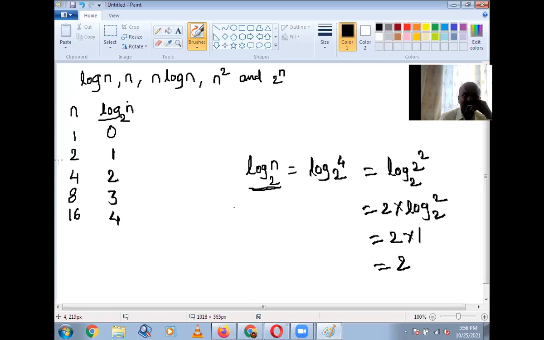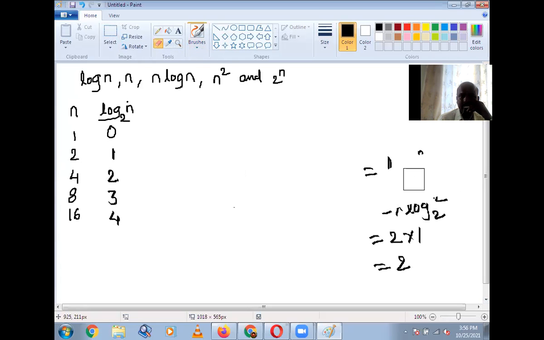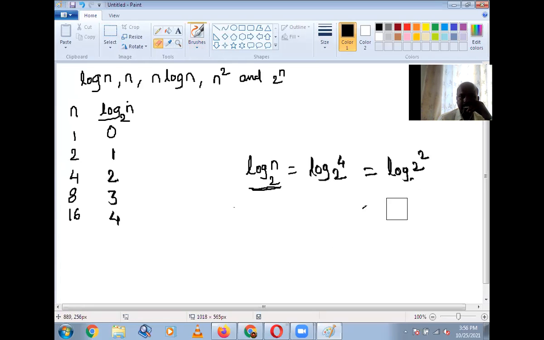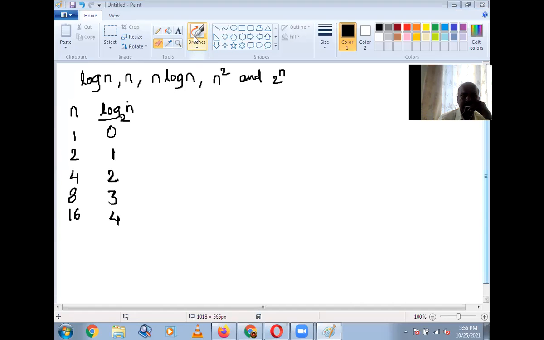Yes, sir. Then next concept here, multiplication of n into log n, that is multiplication of two functions n and log n. So n into log n, multiplication of these two, this is 0, this is 2, then this is 8, this is 24, and then this is 64, then n square.